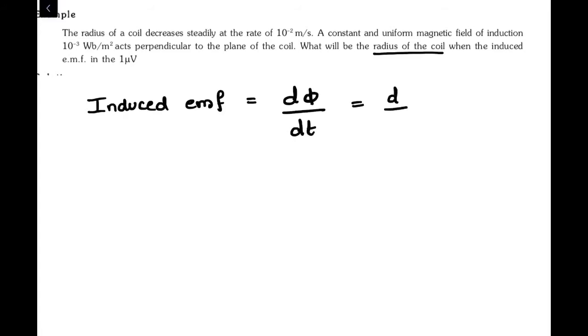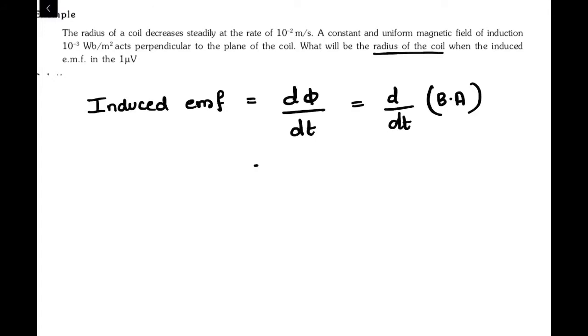Something which we know is the formula for induced EMF. Induced EMF is equal to d phi by dt or minus d phi by dt. Just taking the magnitude, it is d phi by dt. Now flux is equal to magnetic field into area, and I can write area as pi r square.